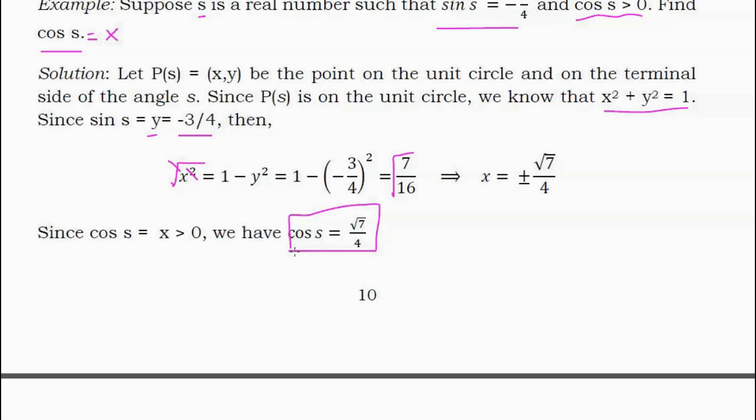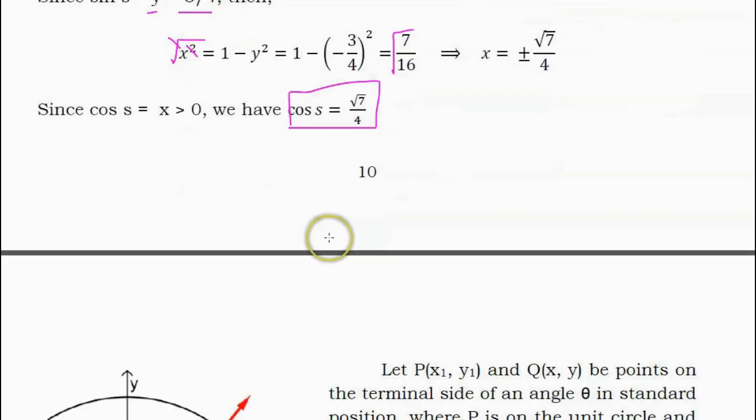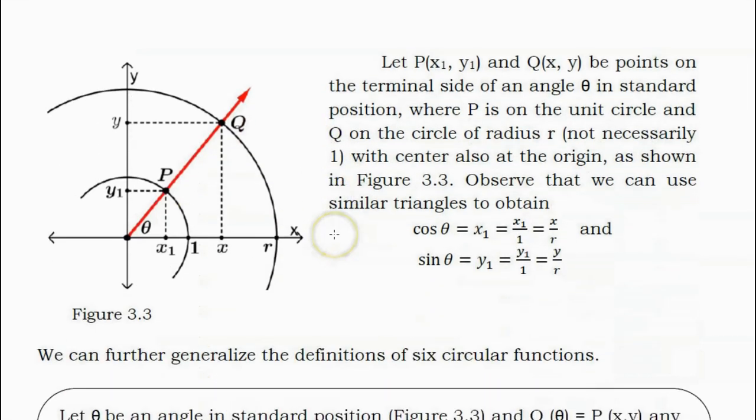So in lang pagkuha nato sa value ni cosine s, this value is equal to x, if sa unit circle siya. But there are instances that the points nga pangitaan nato for cosine, sine, and other trigonometric functions is dili siya sa unit circle. So how can we solve for that problem? So we have this one.